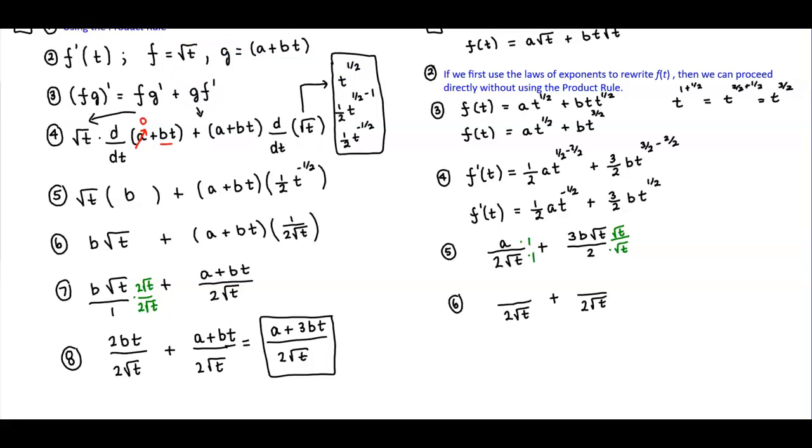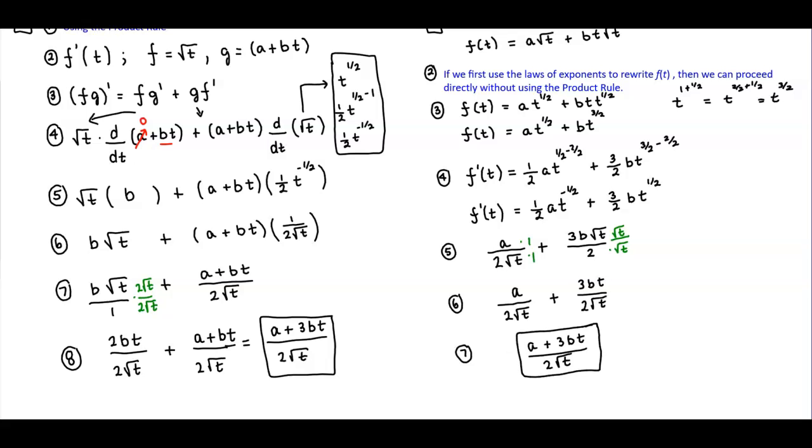So we get a over 2 times the square root of t, and over here we have 3b, square root of t times square root of t is t. And so therefore we end up getting a plus 3bt over 2 times the square root of t.